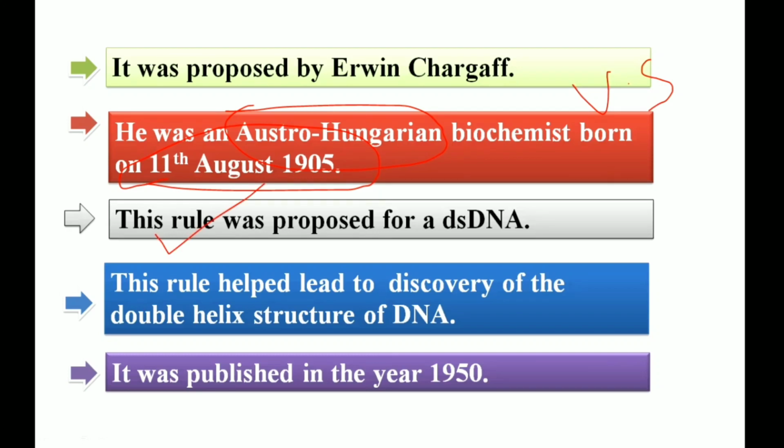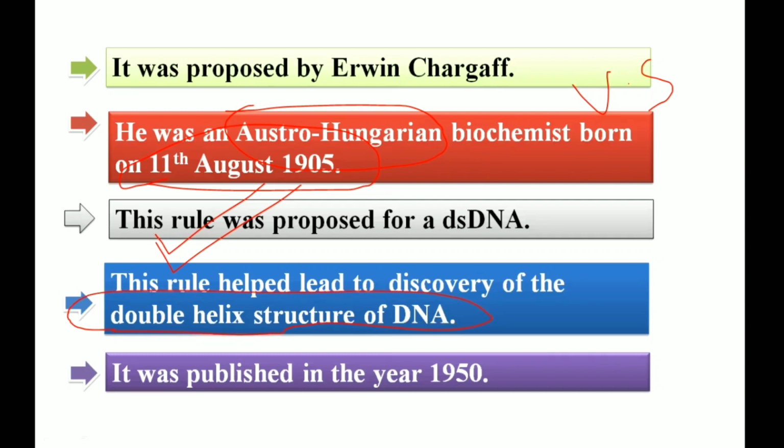We know that there are double-stranded DNA and also single-stranded DNA present, but this rule was only for the double-stranded DNA structure. And this rule later on helped the scientists to discover the double helix structure of DNA.